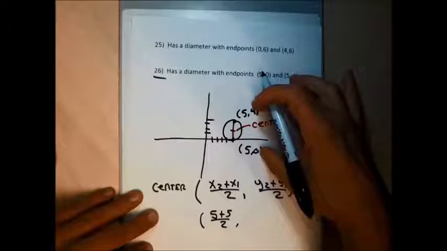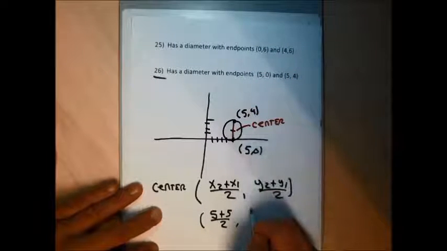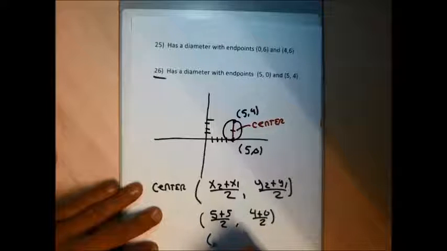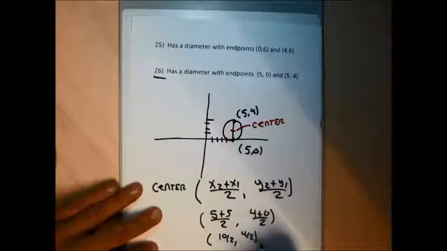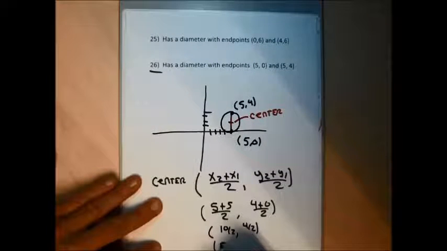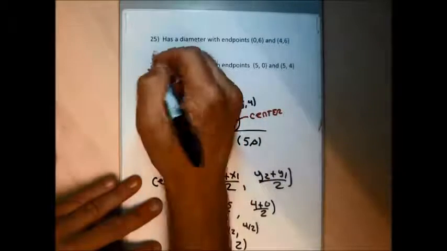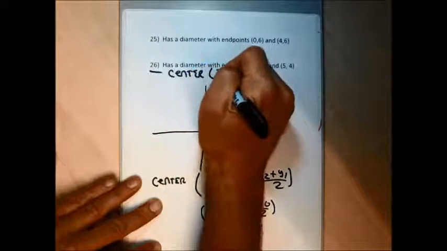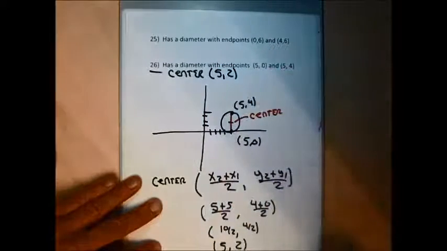And for the y2 and y1, it's going to be (4 + 0)/2. So this is going to give me 10/2 and 4/2, which is 5 and 2. So for problem 26, the center is the point (5, 2).